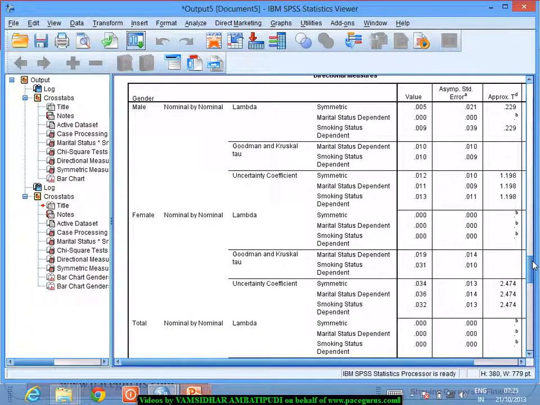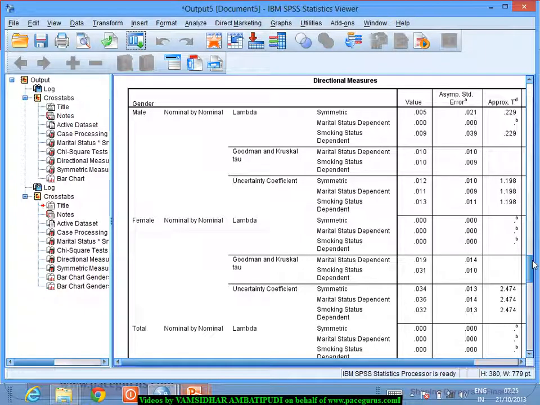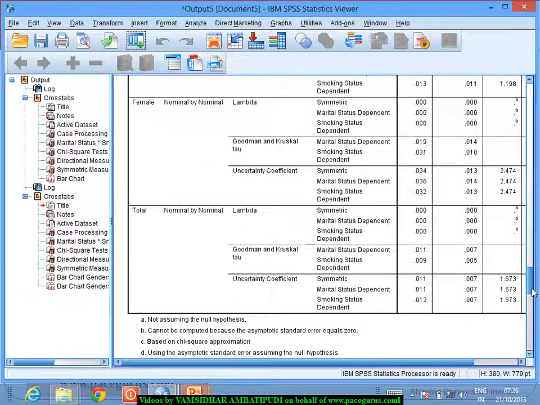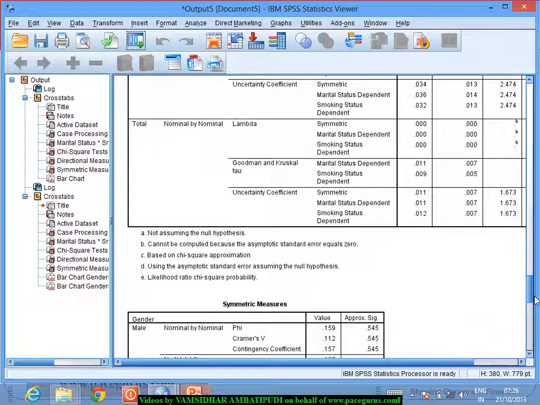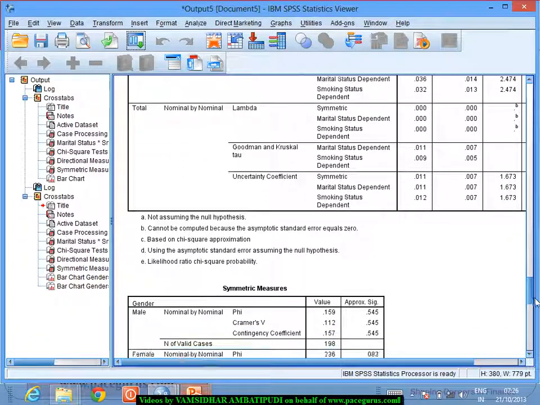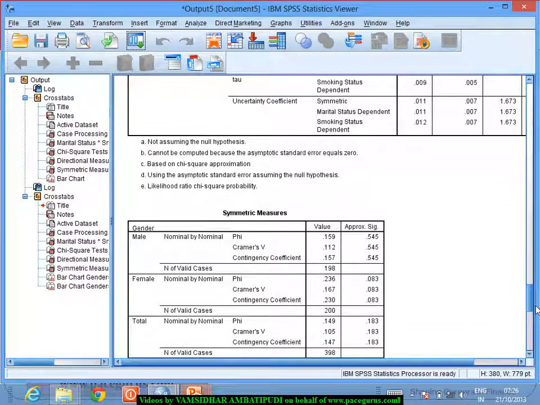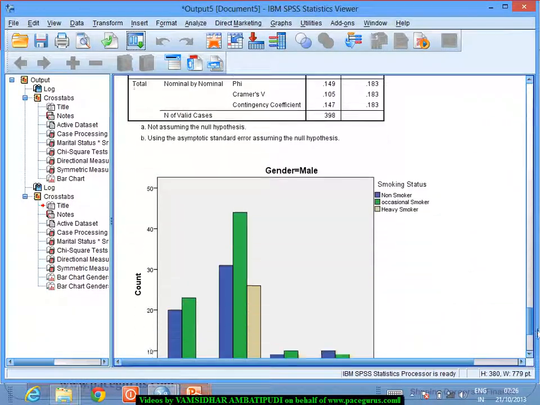The same thing happens with respect to the directional measures also, which is dependent on what? You could see almost all these values are very small. Means they can very well be ignored, saying one is not dependent on the other at all. I could very well talk about the independence between the two variables.